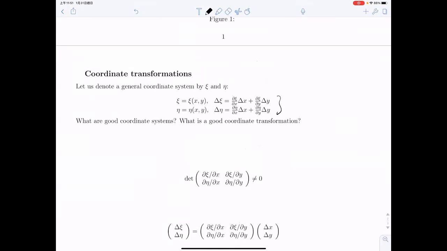How about we denote these two equations as 1? What do we mean by a good coordinate system or good coordinate transformation?